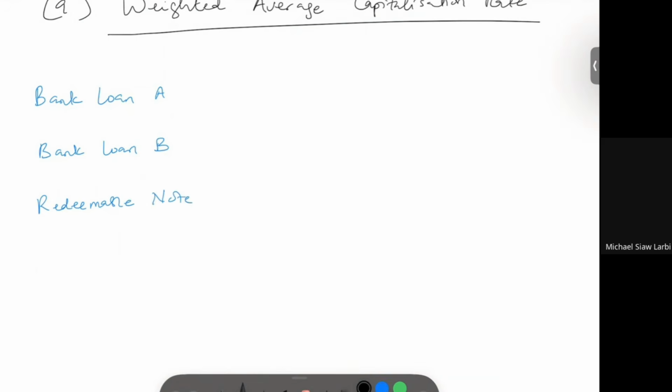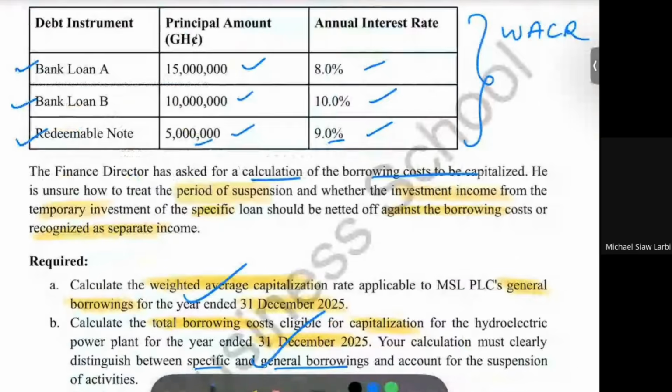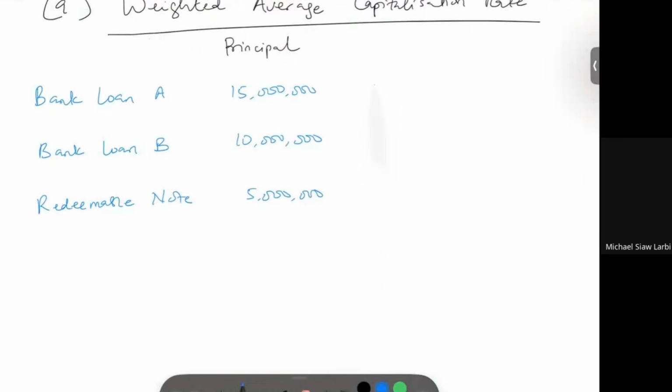So for the bank loan A, my principal or my loan amount, they said it was 15 million. Second was 10 million. And third was 5 million, right? We are picking everything from this table. Interest rate 8, 10, 9. So 8%, 10%, and then 9%. This is my rate in percent.